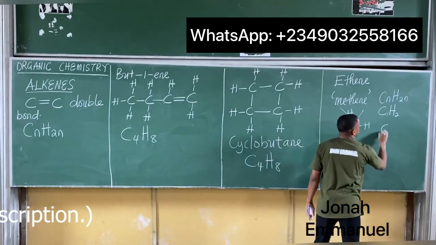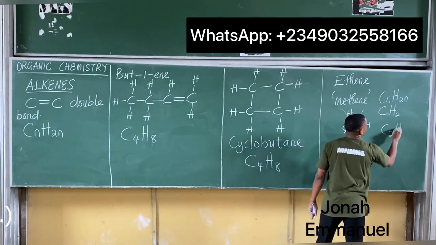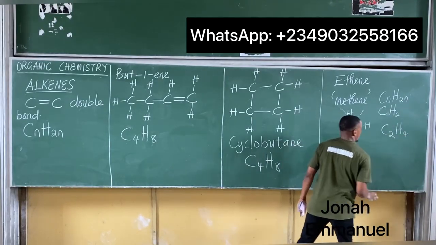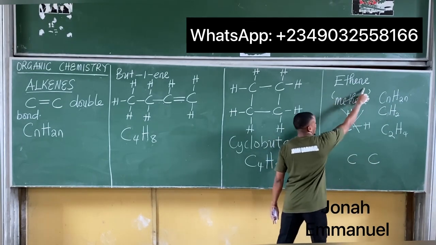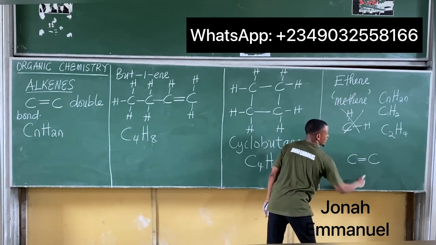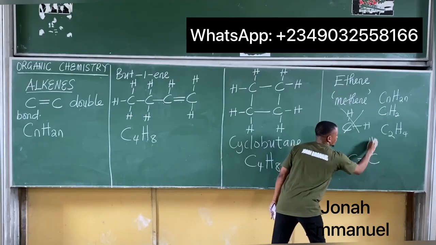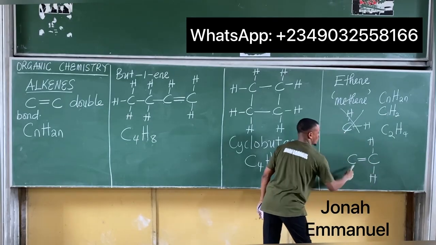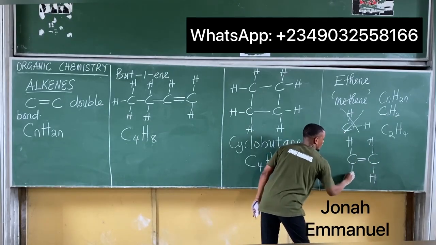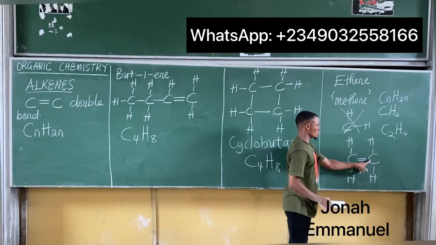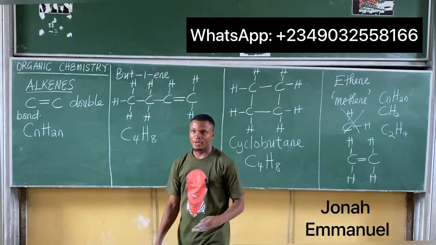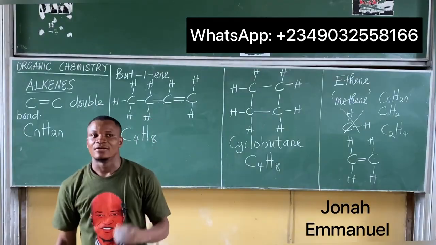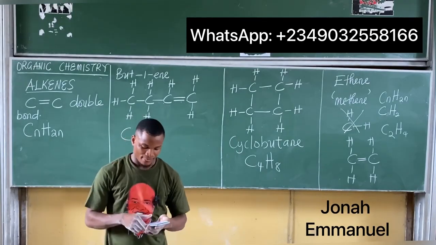I have C2, and H into 2 times 2 is 4. Since it's an ene, I'll have a double bond. Then it has 1, 2, 3, 4 balanced. C2H4. So the first member of the alkene group is ethene, not methene.